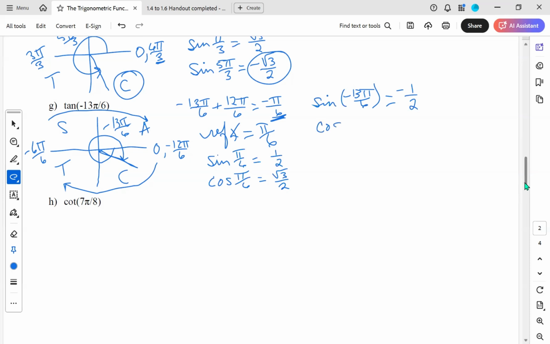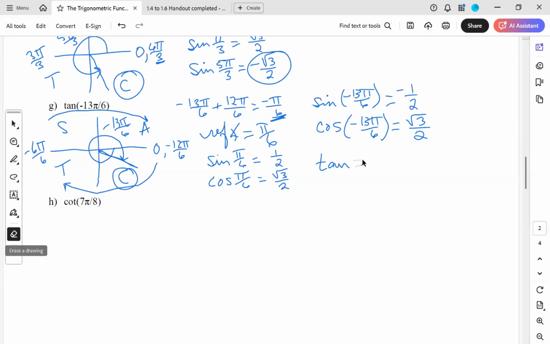Okay, cosine of negative 13 pi over 6. We're in quadrant 4, cosine is positive, so that's going to stay square root of 3 over 2. And notice I kept it as the basis of sine and cosine before worrying about the tangent, okay? Now that I've got my angle measure all set, now I can do my tangent of negative 13 pi over 6.